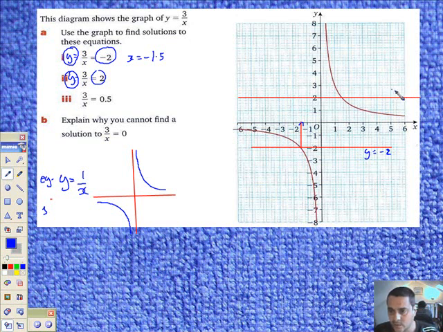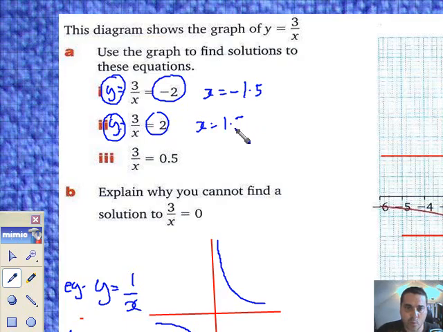Yeah, done it. y equals 2, one solution right there. I'll try to draw down from that point, about there. And there's solution 1.5, I reckon. So x equals 1.5. This is really hard, it's getting glitchy.